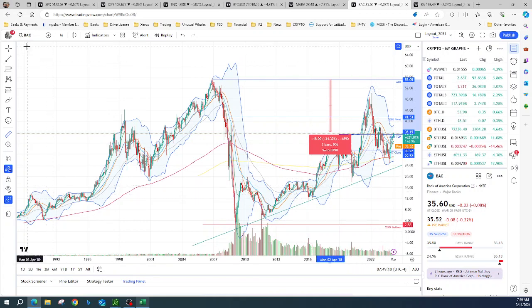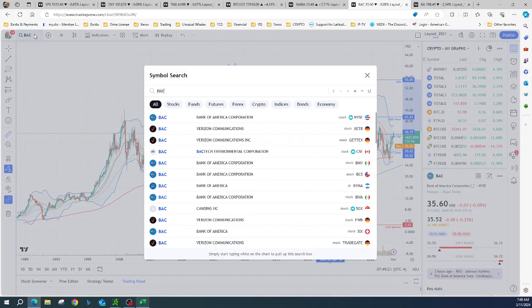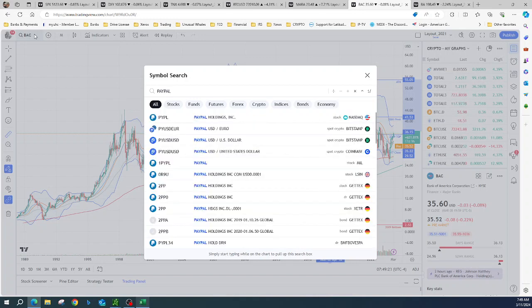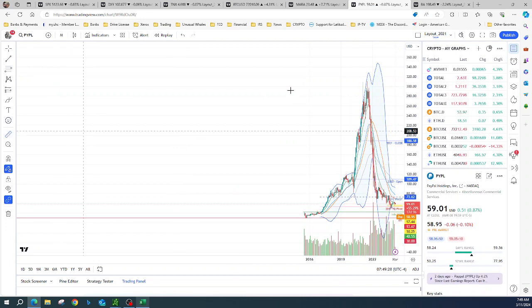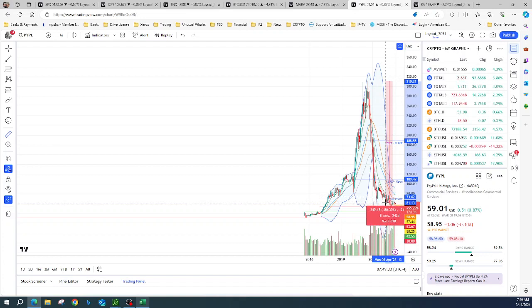But if you compare to PayPal, which is also a financial institution, it is 80% lower from the all-time high.